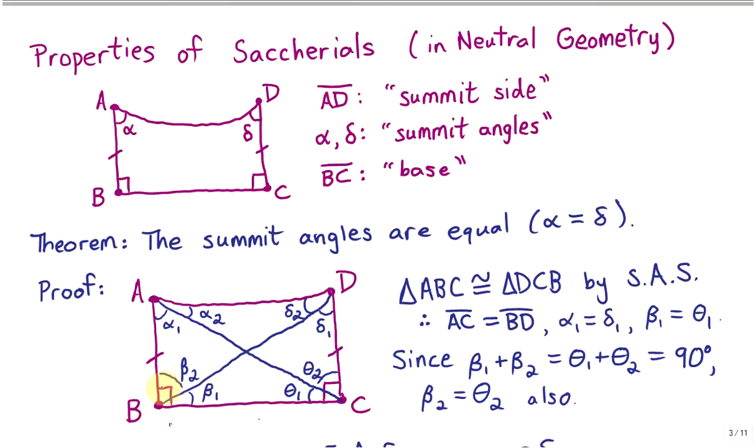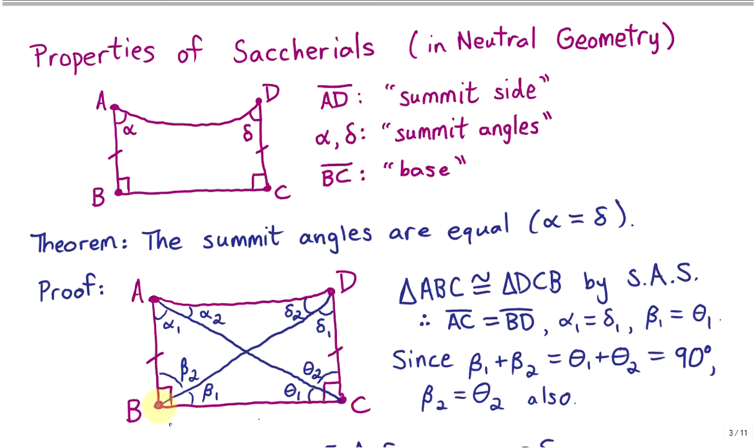The angle at B is a right angle, as is the angle at C, and they share this common side, BC. So, corresponding parts of congruent triangles are congruent, so we know the hypotenuses, the diagonals, are equal. Also, this angle, alpha 1, is equal to the angle delta 1, and this angle beta 1 is equal to the angle theta 1.